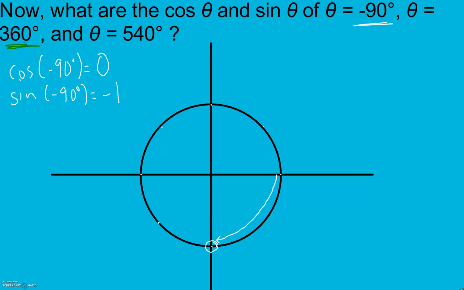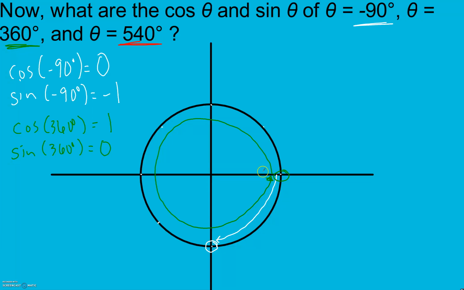360. Cosine 360, we're going to go 90, 180, 270, 360, end up right back here. Our x value is 1. Our y value is 0.